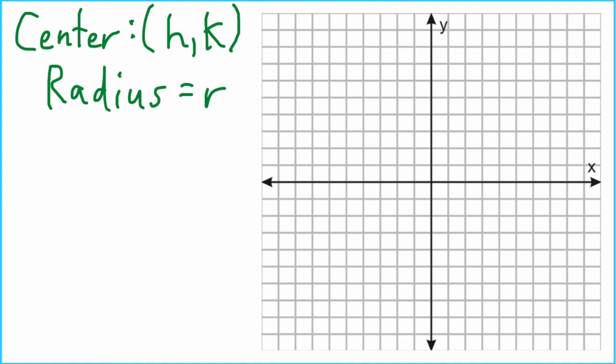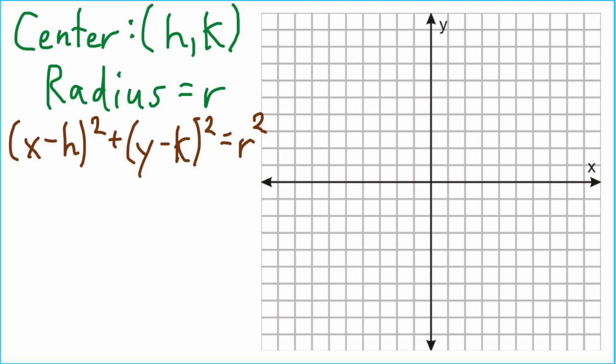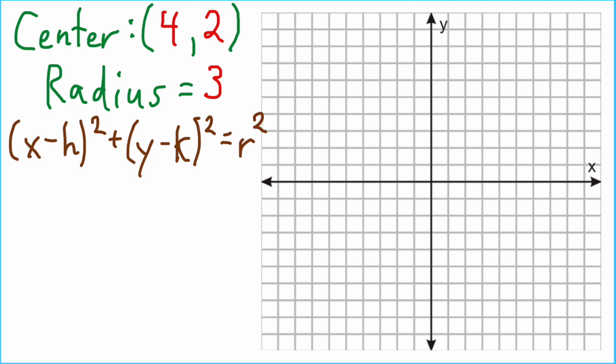Let's take a look at what will work for any value. Let's say our center is (h, k) and our radius is r. Our formula for this circle will be (x minus h) squared plus (y minus k) squared equals r squared. Let's try it out. What if I know the center is (4, 2) and the radius is 3? How do I write the equation?